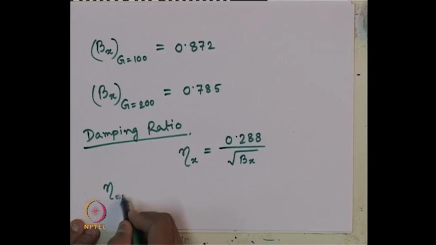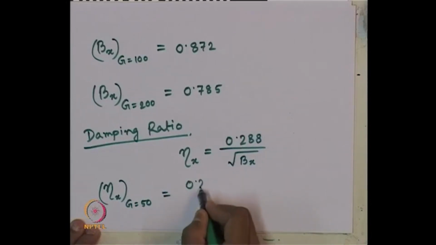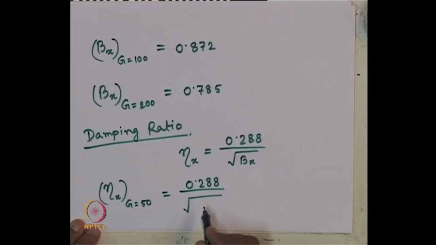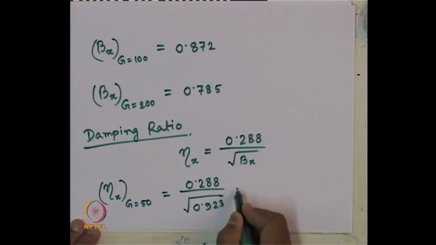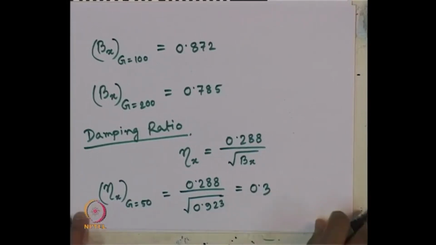So, eta x for g equals to 50, first type of soil, 0.288 by root of B x. What is the B x for the first type of soil? 0.923, right? We have calculated it just now. It is giving us how much is the value? 0.3. Fine.